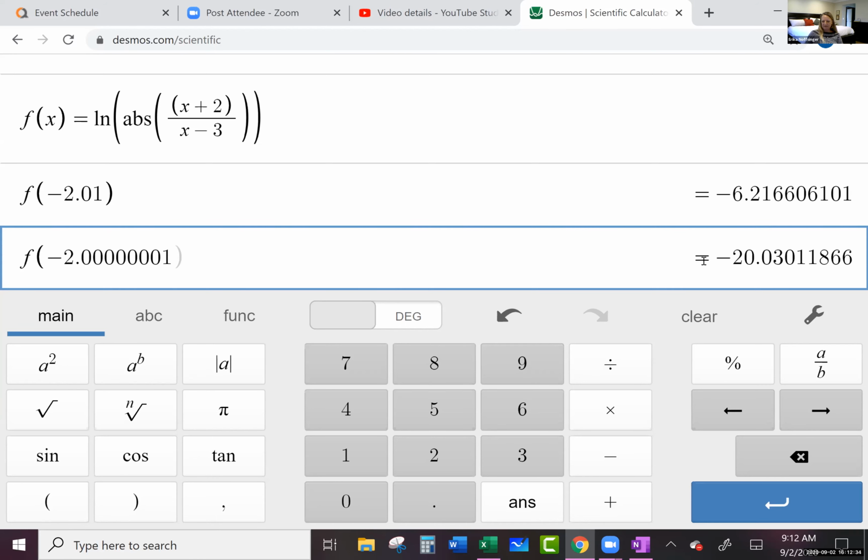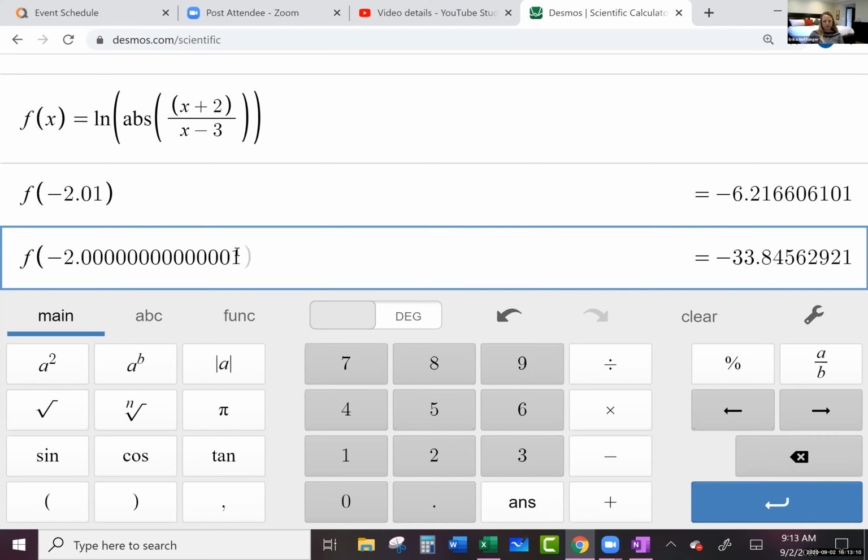Notice that value jumps from -6 to -20. If I add in some more zeros before that 1, notice how it just continues to go down: -33, -36, and now it's starting to say undefined because I'm getting so close to -2. But you could see that it was growing and wasn't going towards any one number. And so we could say that's going to -infinity.